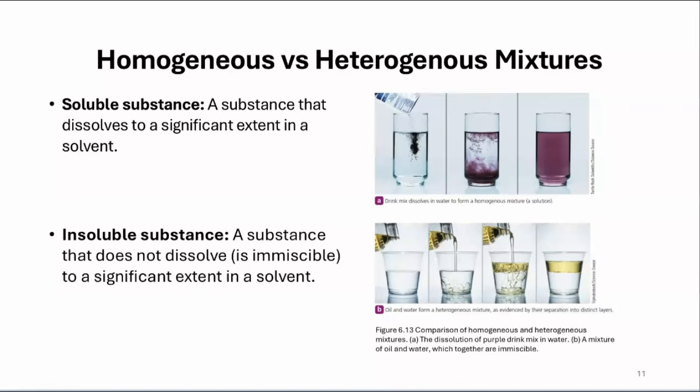In other words, they are immiscible and they do not combine. So we can see the different parts of the substance within the mixture. So in letter B, we see the heterogeneous mixture of oil and water. In this example, we can observe how oil and water do not mix. And then in our heterogeneous mixture, we have the oil and we have the water. We can observe all the different parts of our mixture.